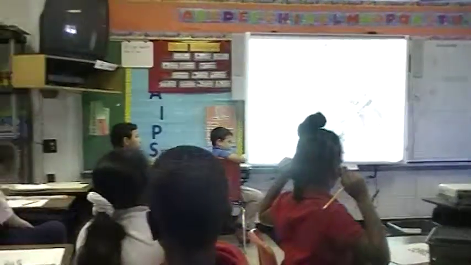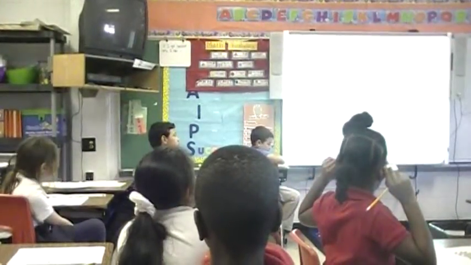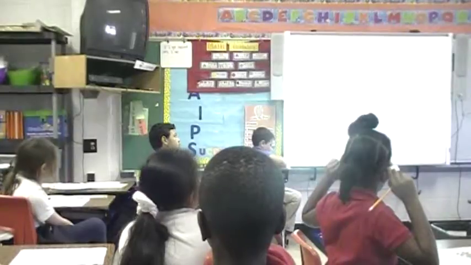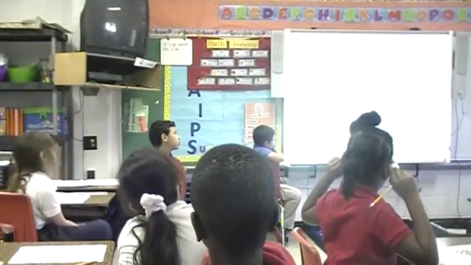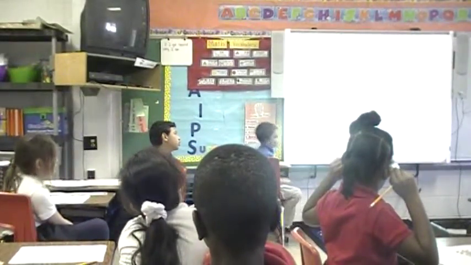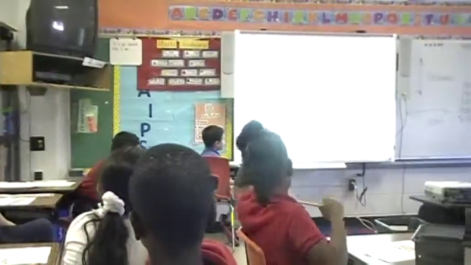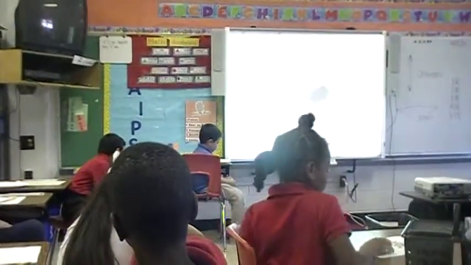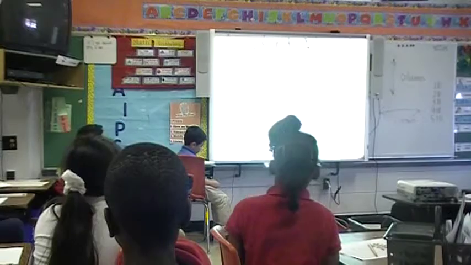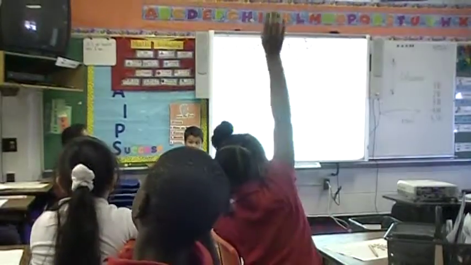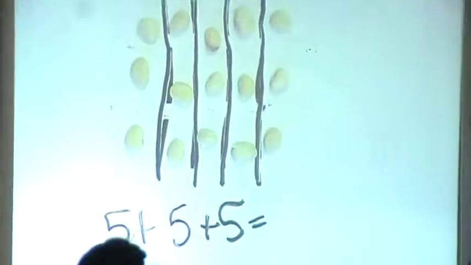Look at that, look. You don't have to do that, just watch. Good. So here's my 3 rows of 5, and these are what? What do I have now? Do I have rows or columns now?